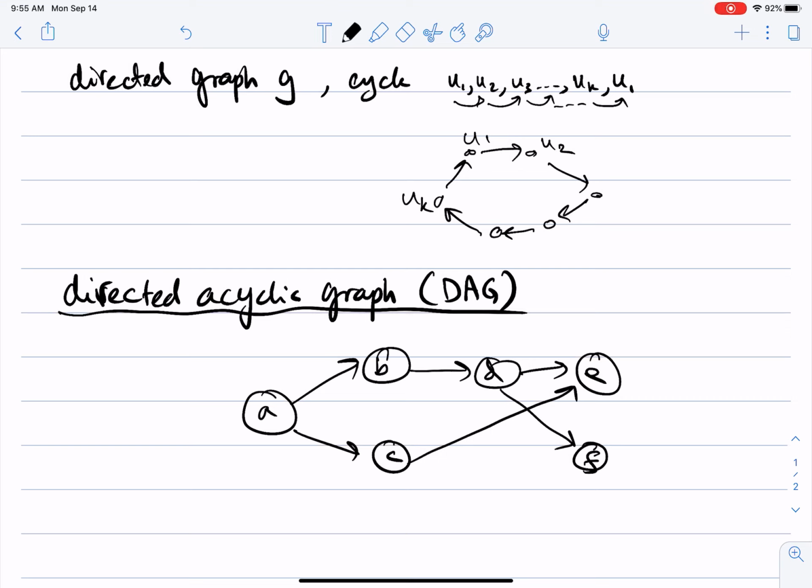It makes no sense to have a cycle in such a graph. I cannot say you have to take 182 before 382, and 382 before 481, and 481 before 182. Then we will have a deadlock and students will never graduate. So DAGs are used in this.